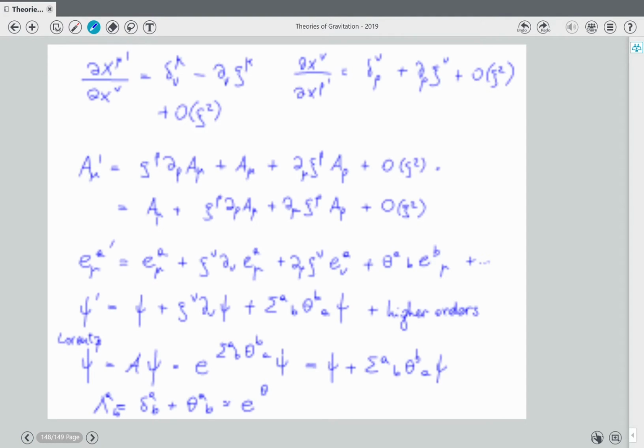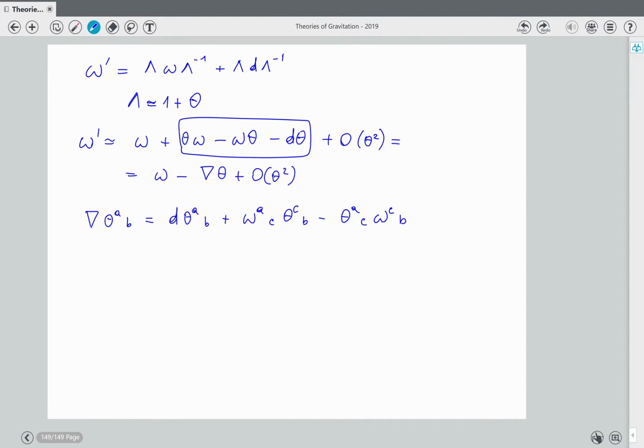We have seen the infinitesimal transformations of the spin connection, which is a covariant derivative, and as a form, it doesn't change under diffeomorphisms. It just changes as the covariant derivative of the parameter theta. And so if you want to write the transformation of omega in components.